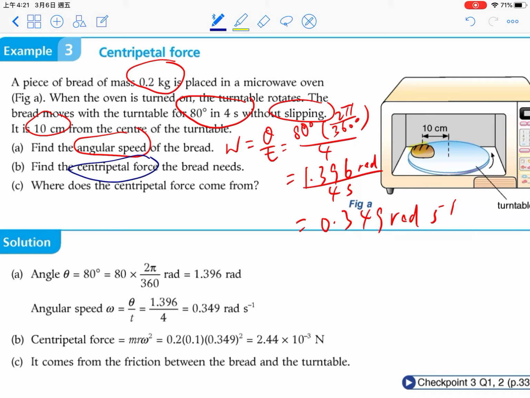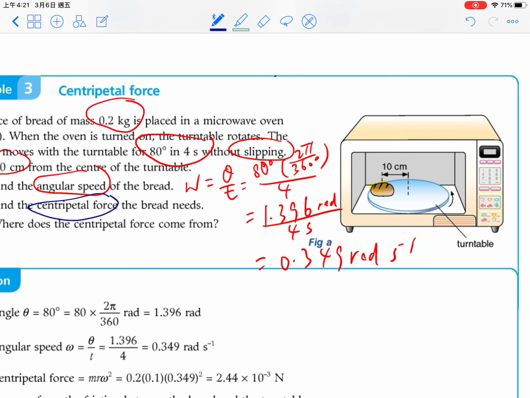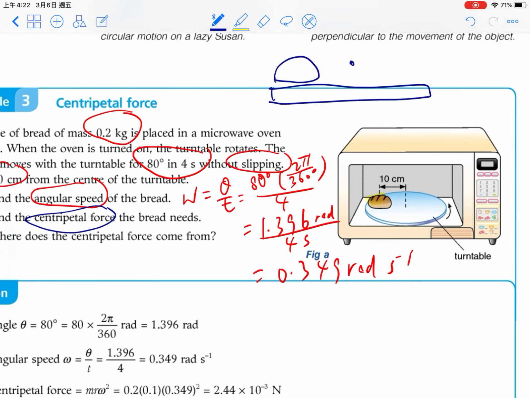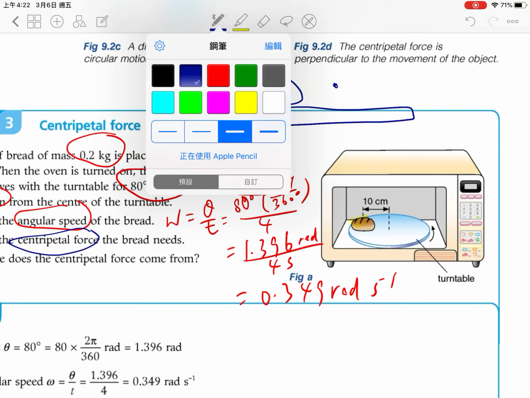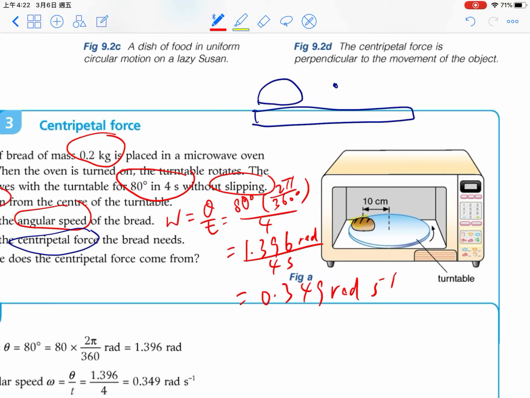Find the centripetal force. Now if I draw the side view, the bead is here, the center here. Now it undergoes circular motion, right? Which force gives the centripetal force? Any tension here? No. So which force?